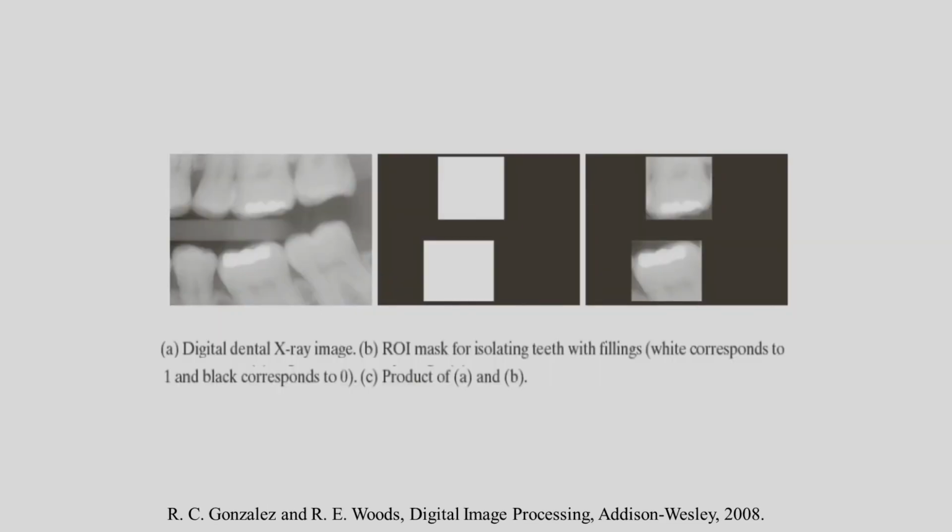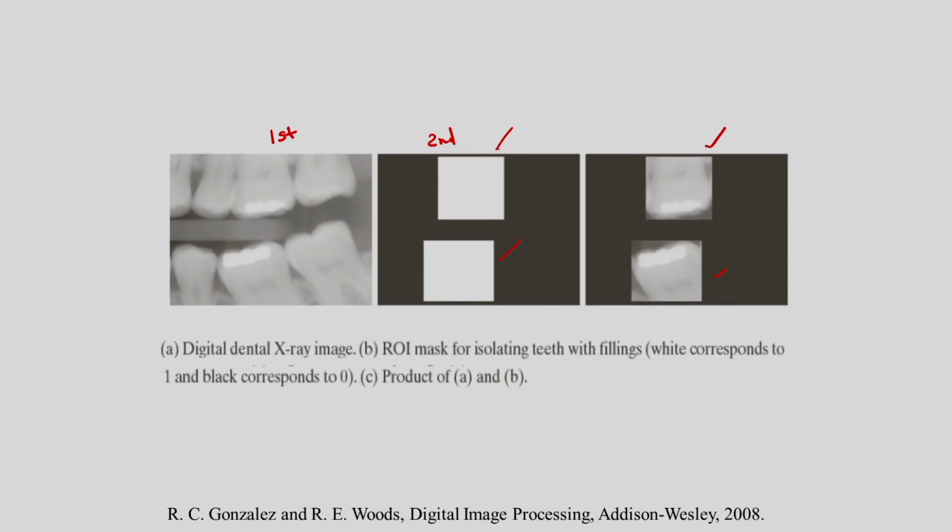And here I am showing another example, that is how to enhance the region of interest. It is a dental X-ray image, and I am considering 2 masks. In this case what I am doing is the multiplication of 2 images. This is the first image, and this is the second image. I am doing the multiplication between these two images. Then in this case you can see the result is this.